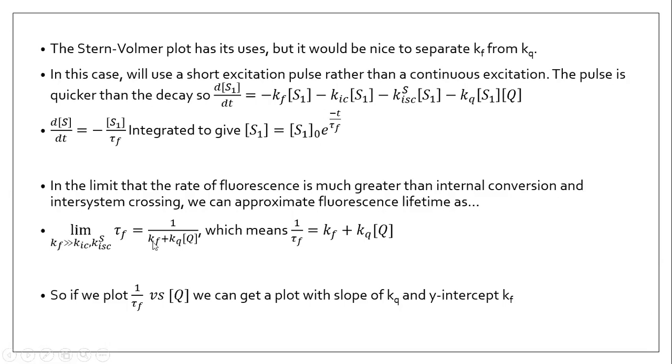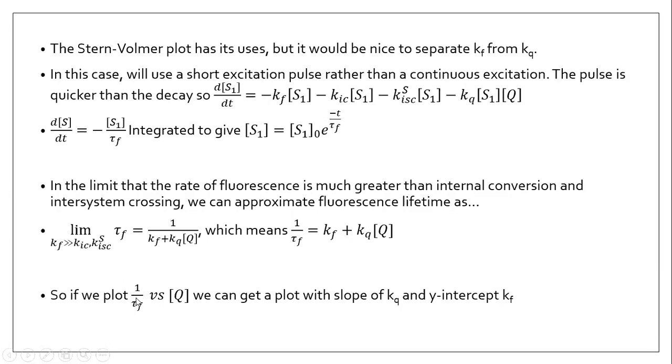Tau F is 1 over KF plus KQ times Q. So it means that 1 over tau F is KF plus KQ times Q.